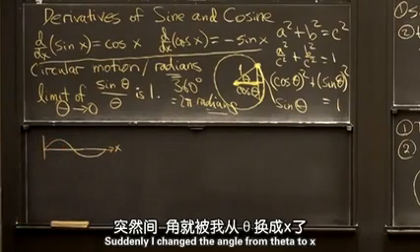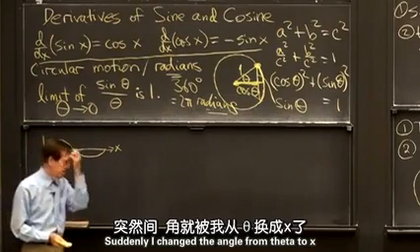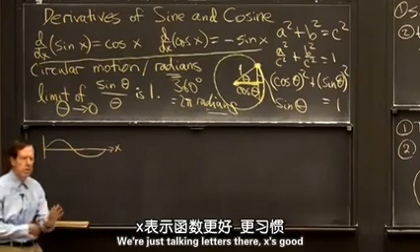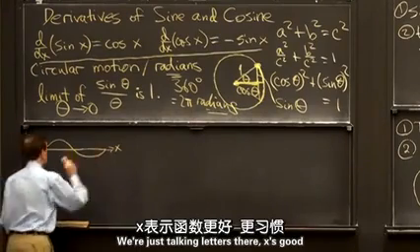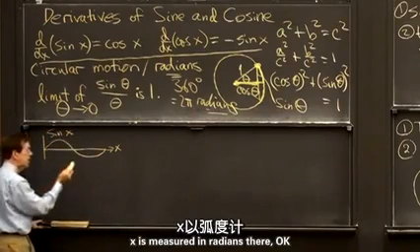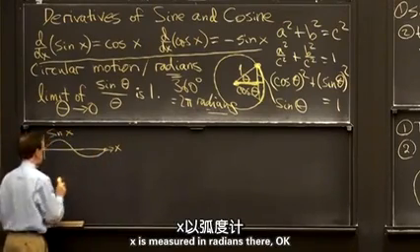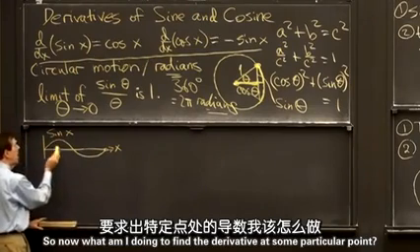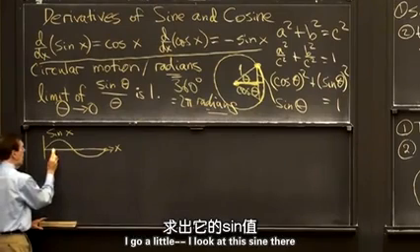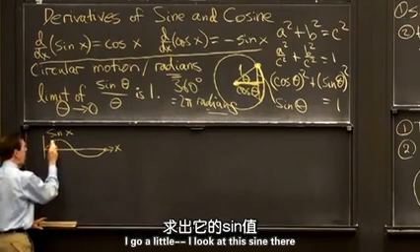Suddenly I change the angle from theta to x, just because I'm used to functions of x. We're just talking letters there. X is good. And this is a graph of sine x. X is measured in radians still. So now what am I doing? To find the derivative at some particular point, I look at the sine there.